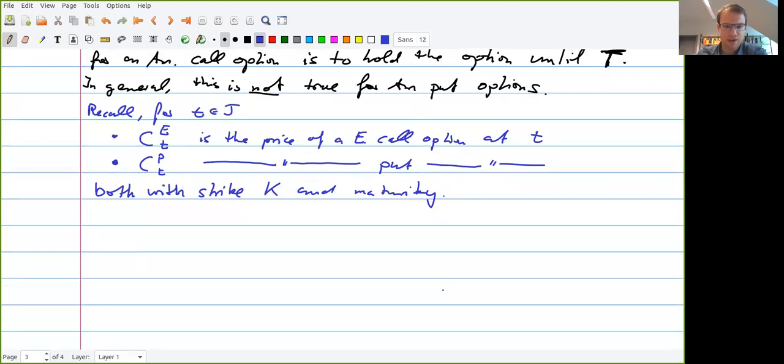That's great. And then we had the put-call parity, which we have seen the proof of already.